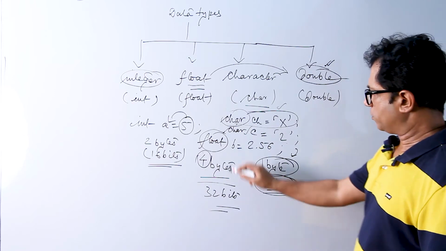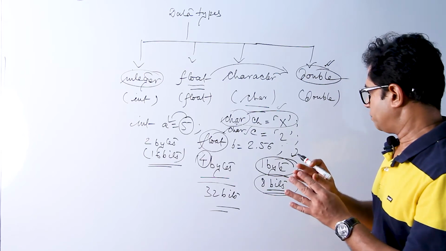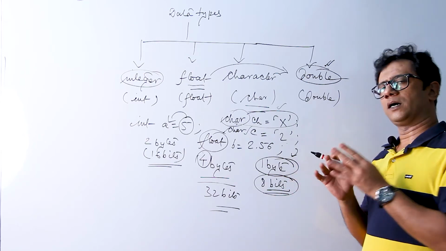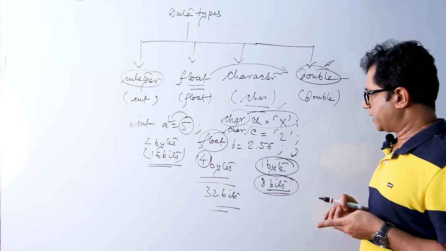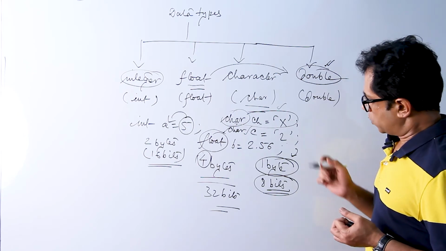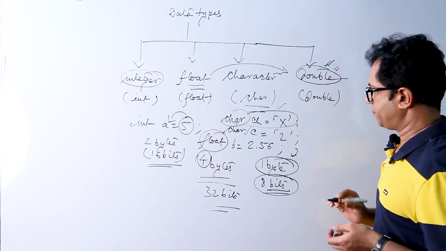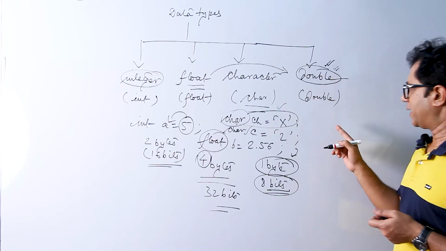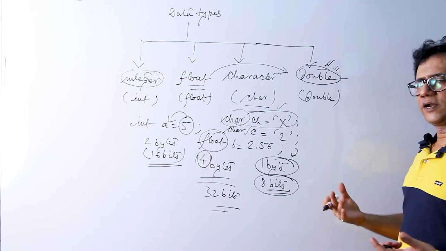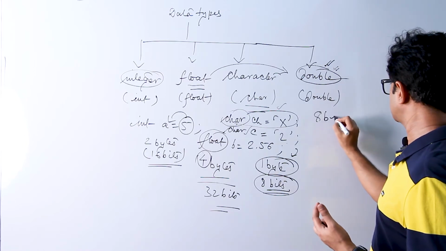So a 32-bit or 4-byte representation can hold up to that, and beyond that, if we have to represent any other values of very high dimension, we can accommodate those values in this double data type, which is 8 bytes.